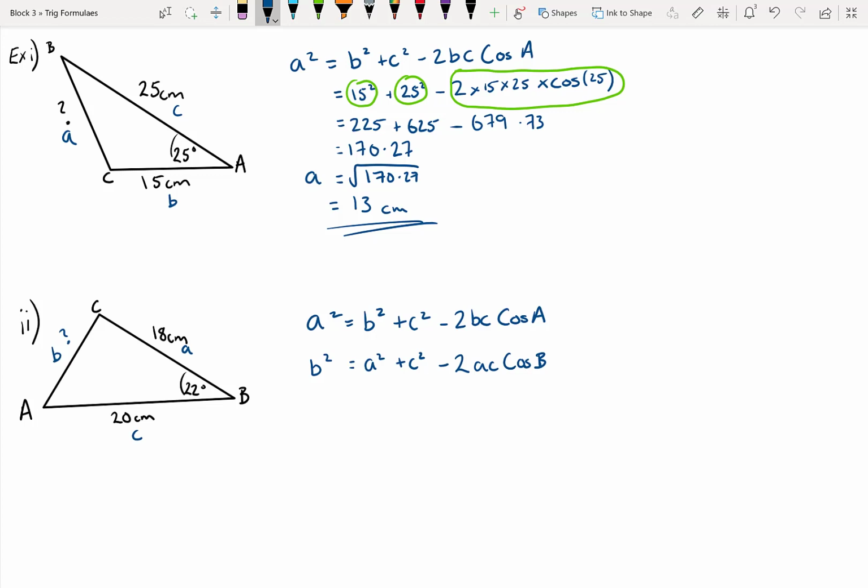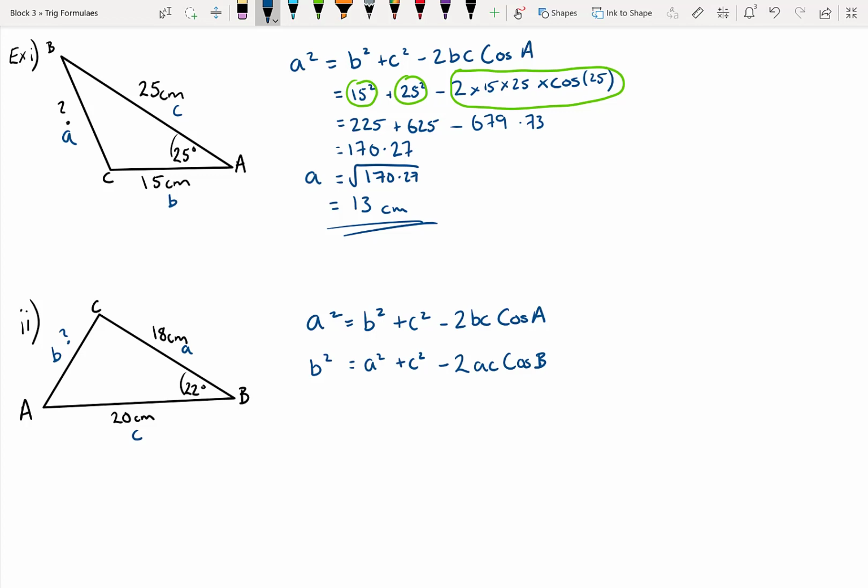Okay, so again, the b side is the side I want now, so my formula is to say b squared is equal to, what were the other two sides squared, added them together, minus 2 times a times c times cosine of the angle that I've got, which is B.